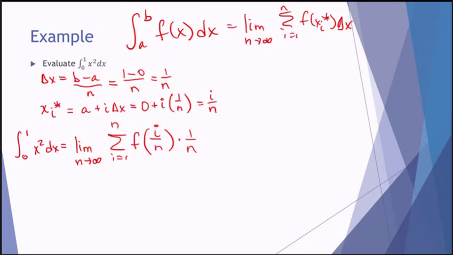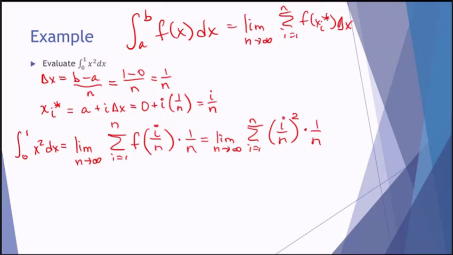The last thing I'm going to do is plug that i over n into the function itself. So we have the limit as n approaches infinity, sum from i equals 1 to n. The function is x squared, so we have i over n as our input, and it gets squared. Okay, so this is the setup.